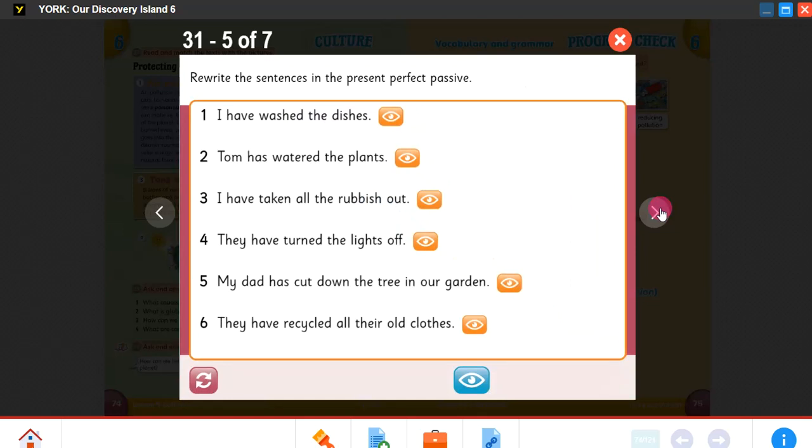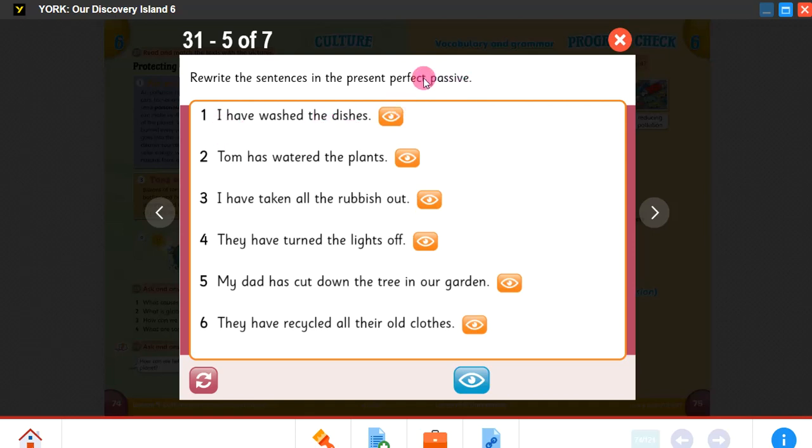Okay, the next activity is to rewrite the sentences in the present perfect passive. So the sentences here are in the active voice. All of these sentences are present perfect, but they are active, not passive. What do I mean by active? It means the sentence starts with the subject instead of starting with the object.